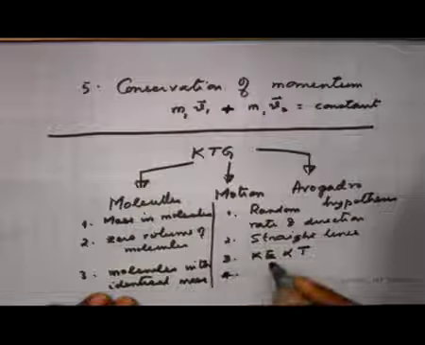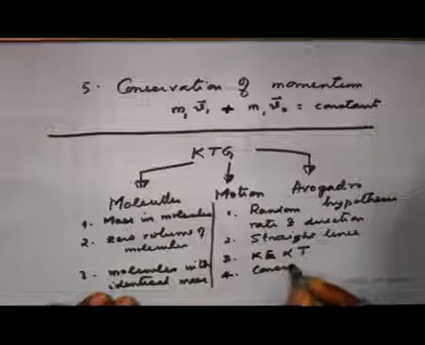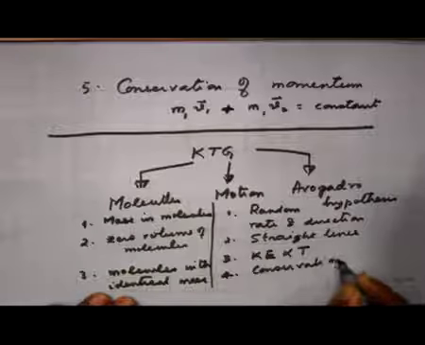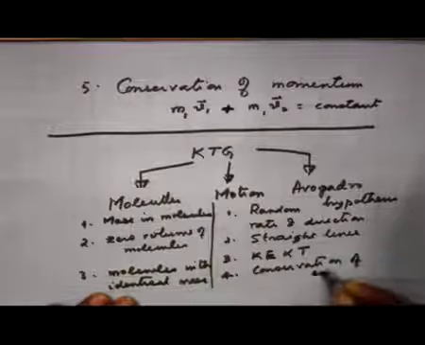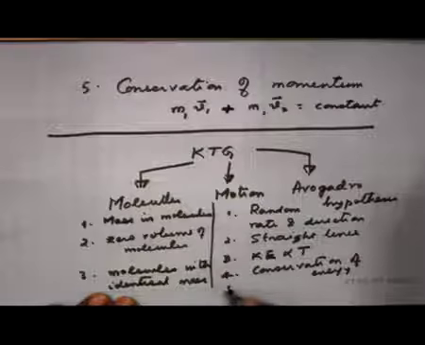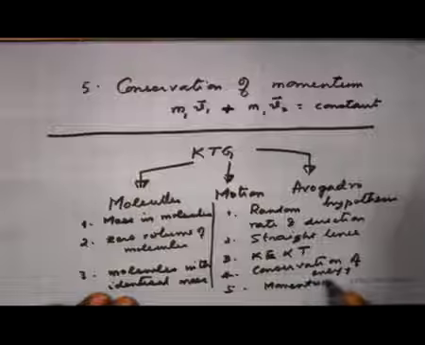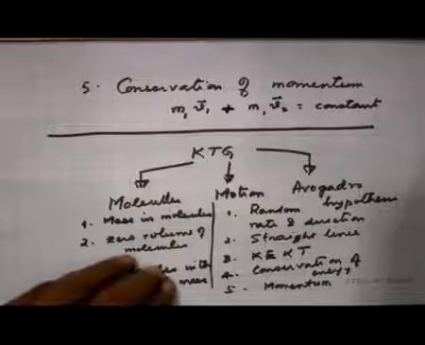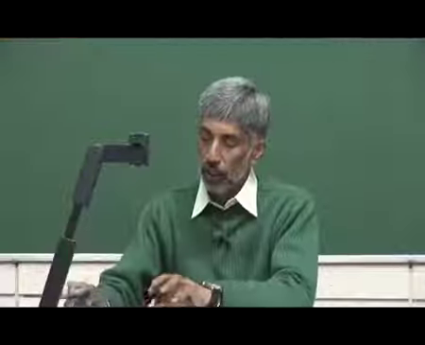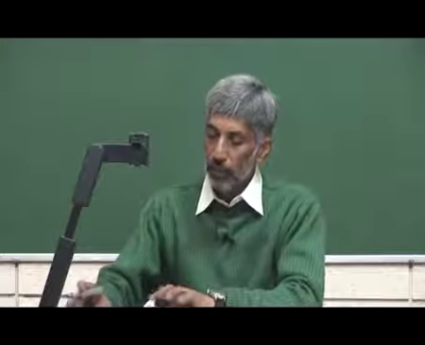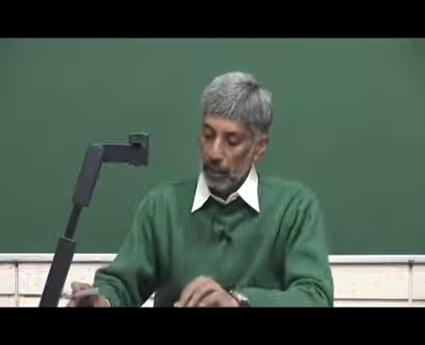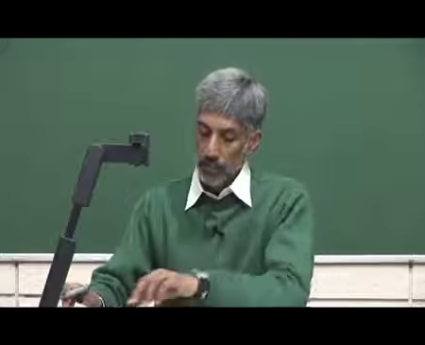And the fourth one is conservation of energy, and the fifth, of momentum. So that in a sense should give you a way of easily remembering the different parts of the kinetic theory of gases.